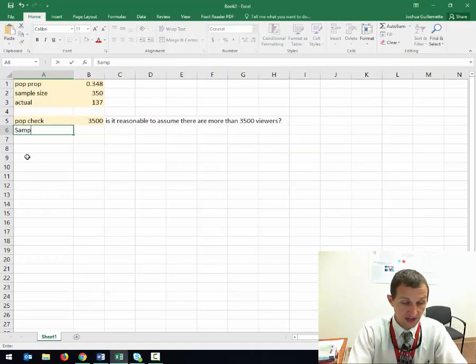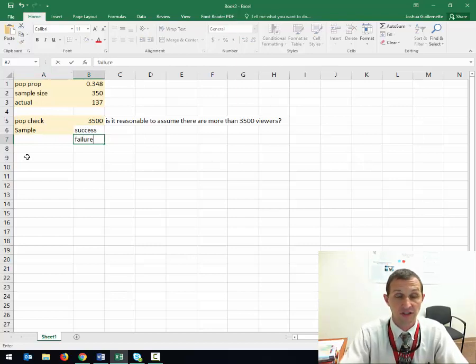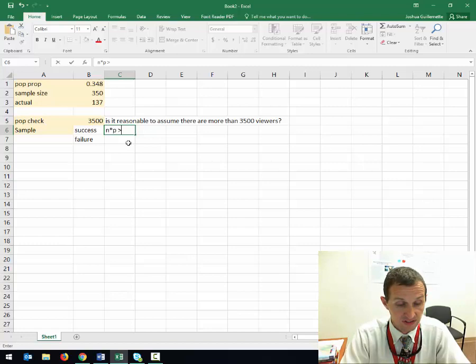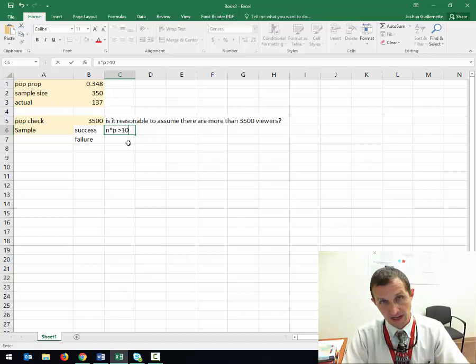So for sample size, we check two things. We check the success condition and we check the failure condition. For the success condition, basically we're taking the sample size times the population proportion, and we want to see if that's greater than 10. Now, some books will pick a different number. For the book that I have been using in my classes, it's 10.